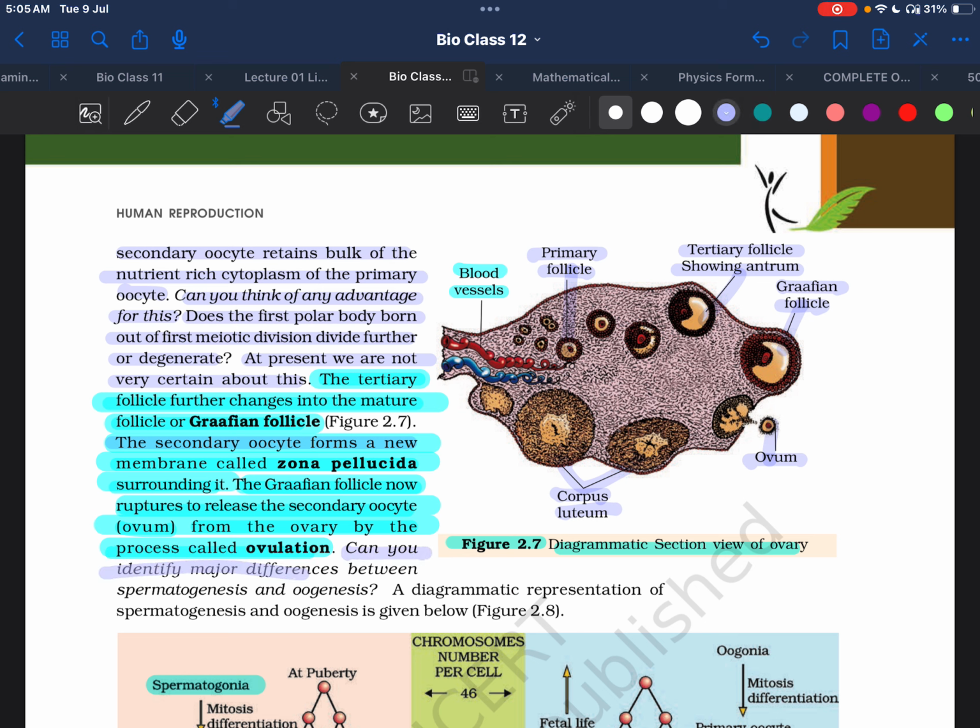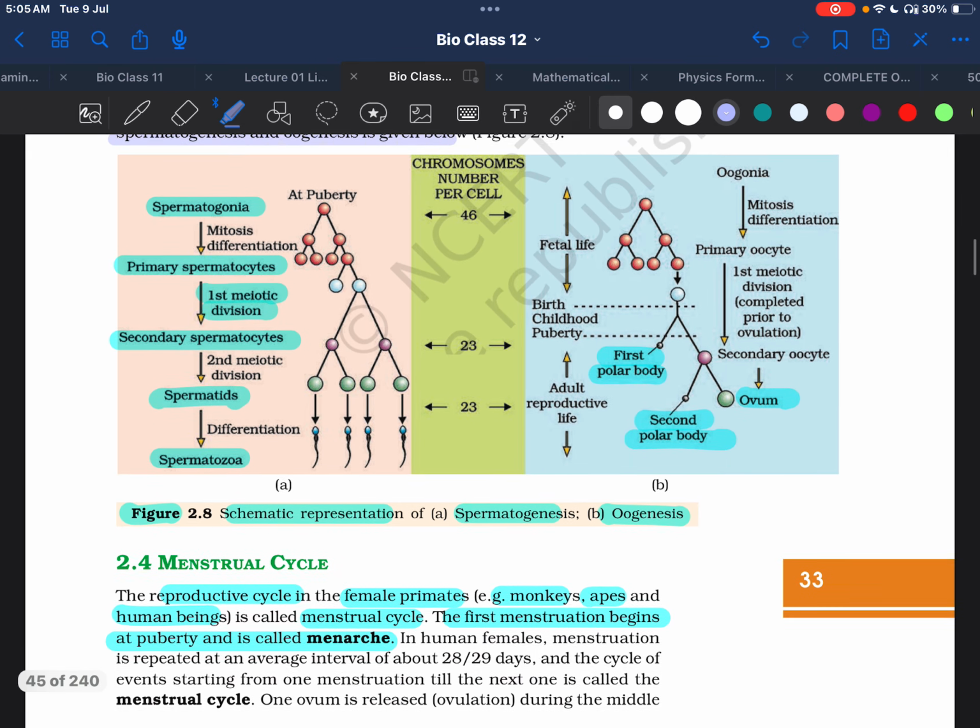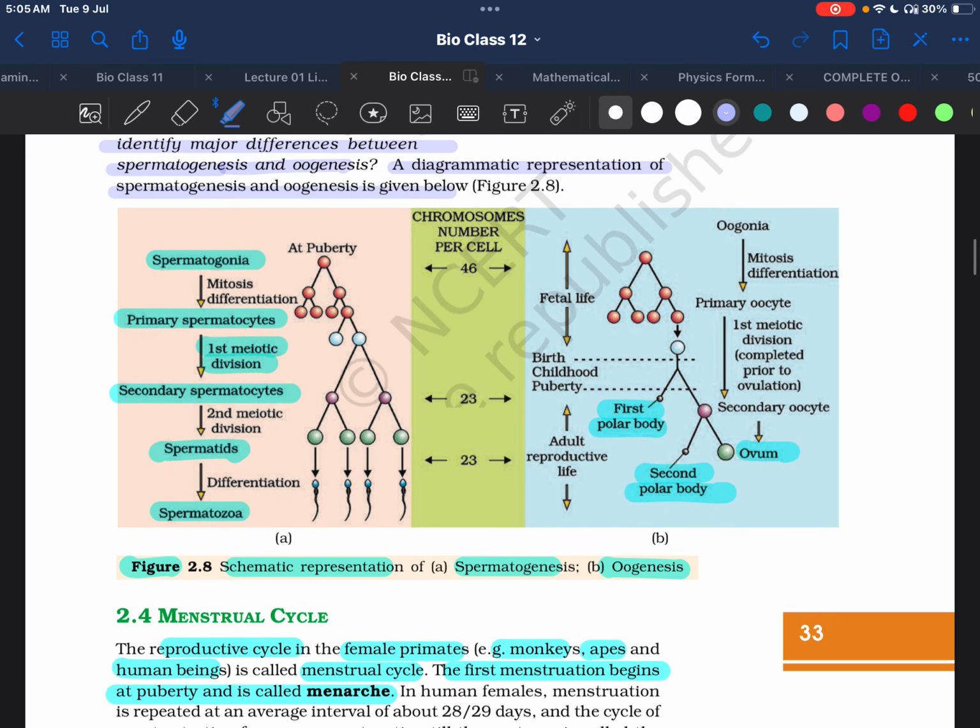Can you identify major differences between spermatogenesis and oogenesis? A diagrammatic representation of spermatogenesis and oogenesis is given below. Figure 2.8: Schematic representation of spermatogenesis.